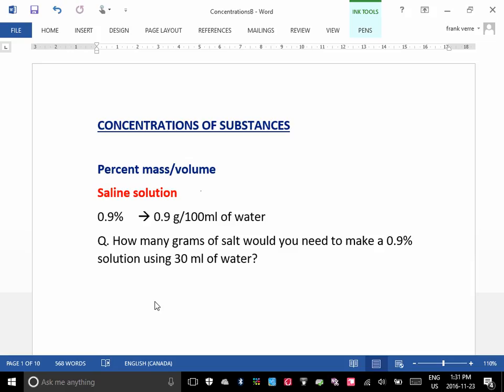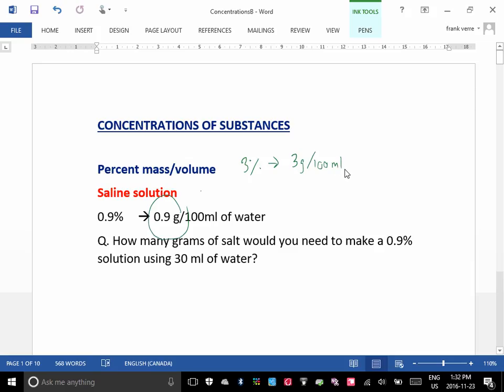So, in this case, we have an example, a saline solution, which is basically a salt solution, and it's 0.9%. So 0.9% actually represents 0.9 grams for every 100 milliliters. Okay? So a 3% solution then would be the same as 3 grams for every 100 milliliters.